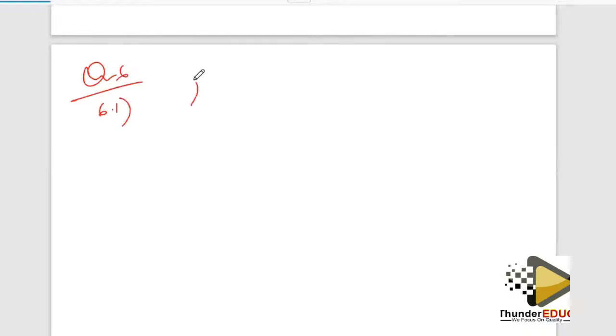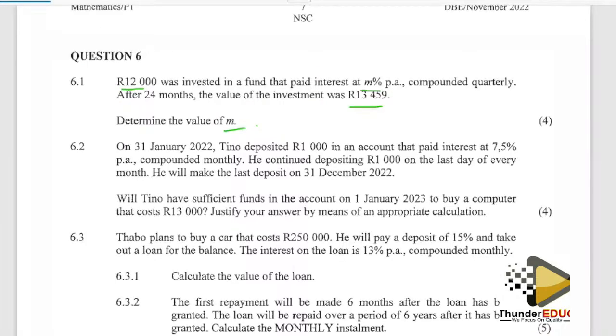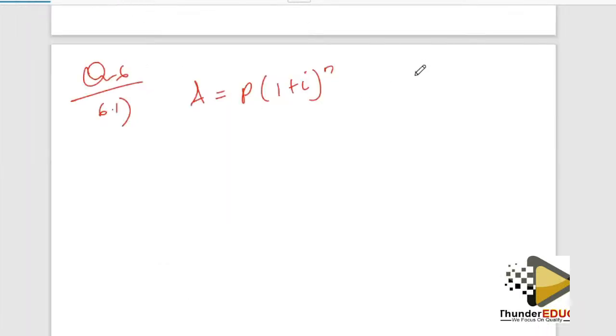So 6.1, we know that A is equal to P times 1 plus i, to the exponent n. 12,000 was invested. We're looking for the interest rate, compounded quarterly. I know that my n is 24 months, which is 2 years. Our P is 12,000.